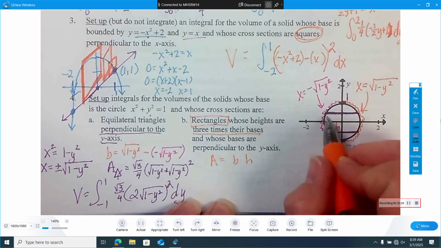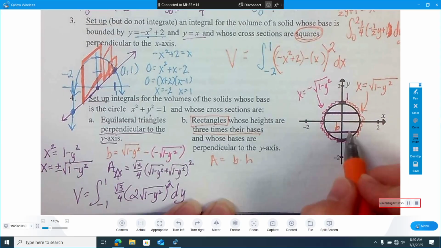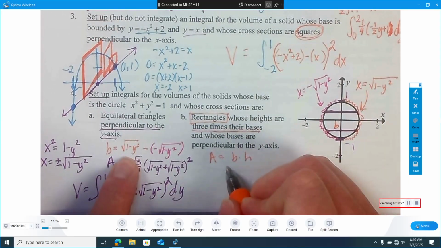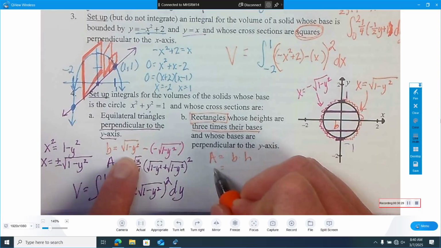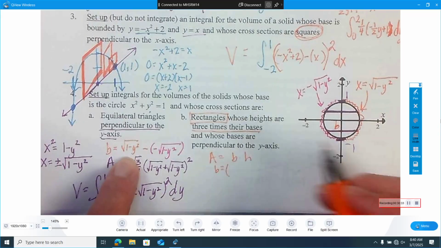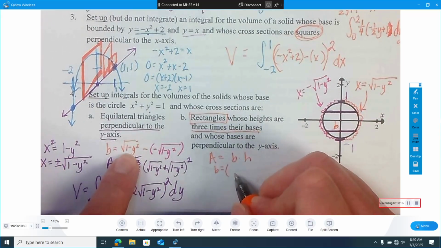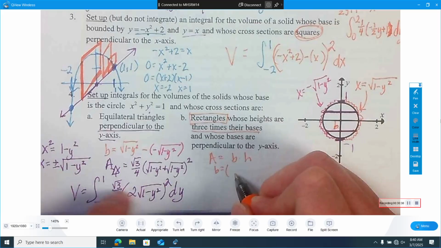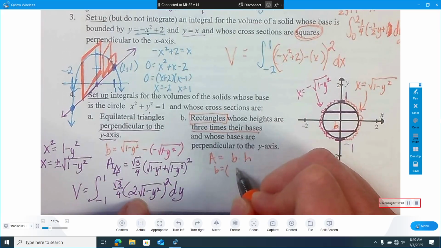All right, so again, there's our base. It's going to be the same thing. The base is right side minus left side. So same exact thing. I'm just going to go ahead and clean that up to be 2 radical 1 minus y squared.